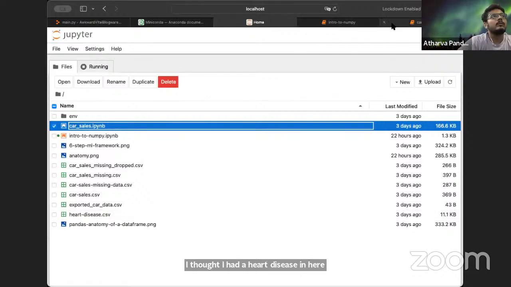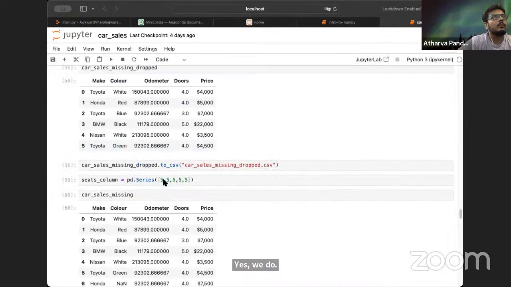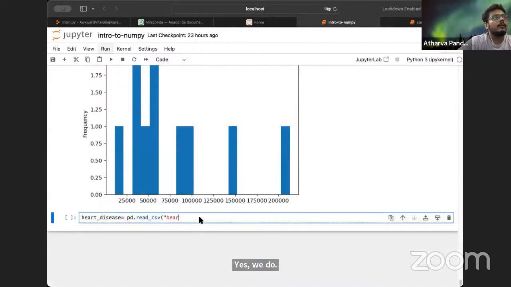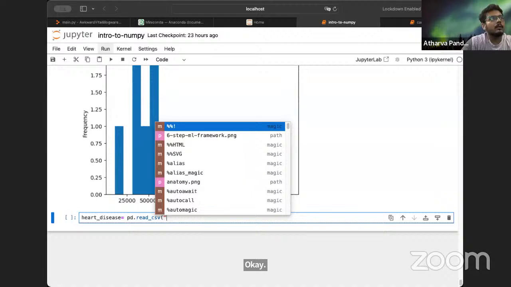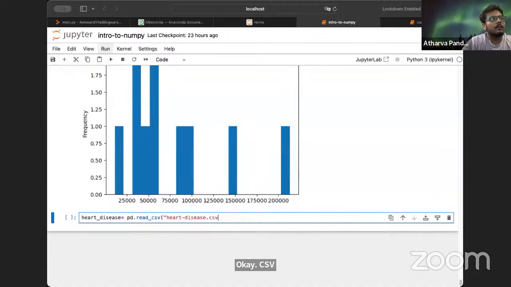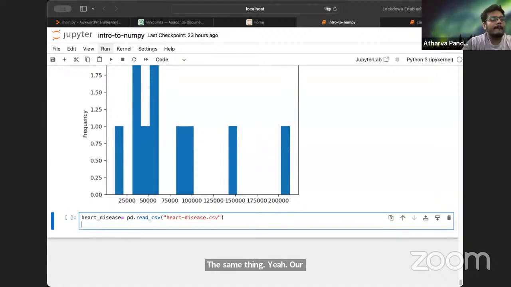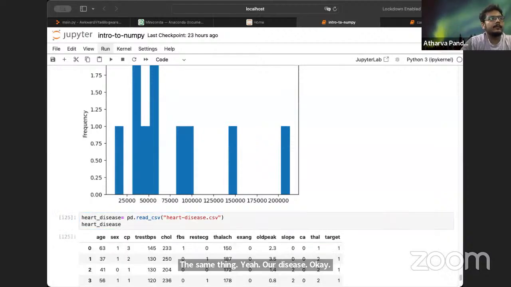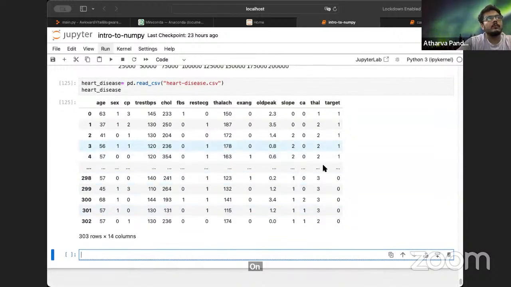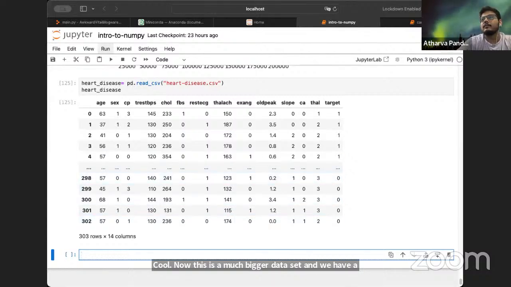Yes, we do. Cool. Now this is a much bigger data set, and we have a lot of things in the heart disease data set, right? We can do a lot of things.